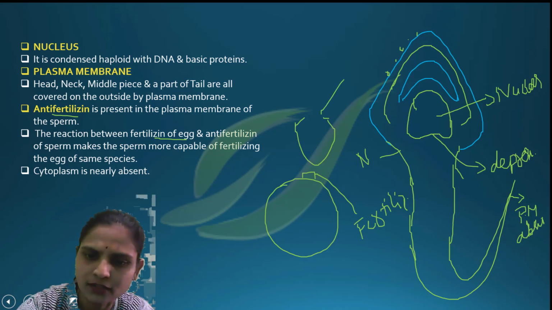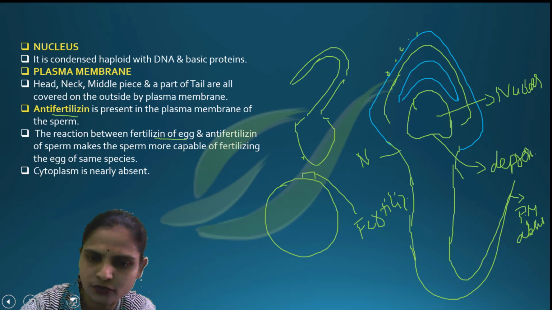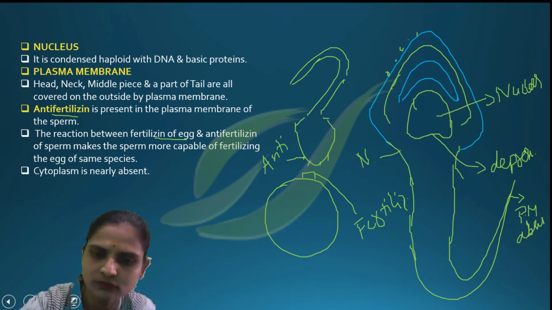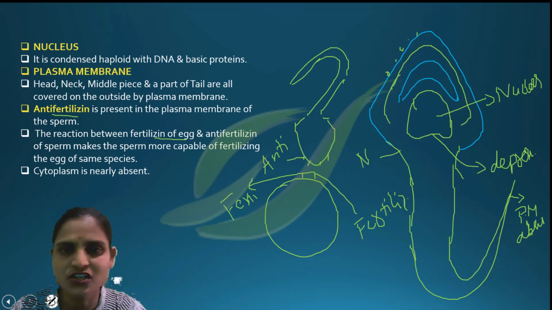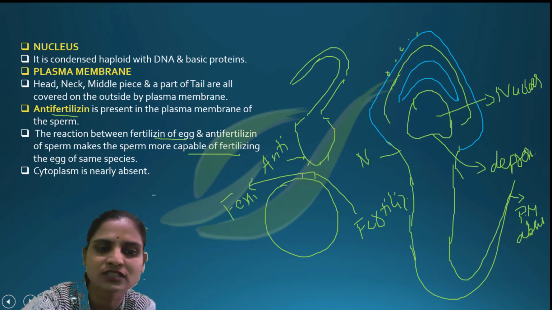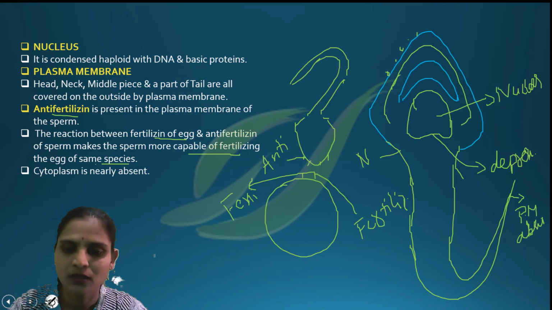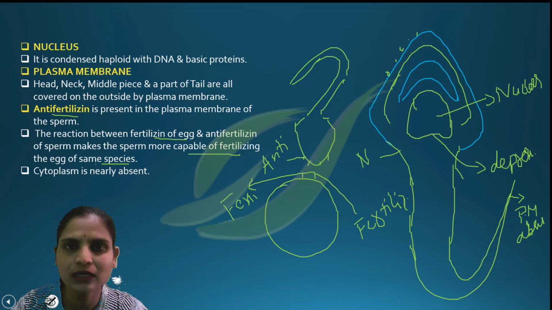A chemical reaction takes place between the anti-fertilizin and the fertilizin of the egg, which is essential, and gives the capability of fertilizing the egg of the same species. Then, the cytoplasm in the nucleus is nearly absent.